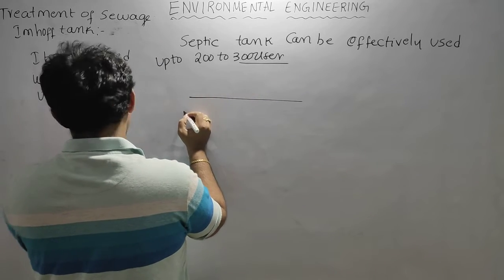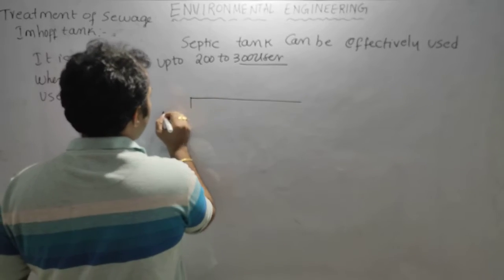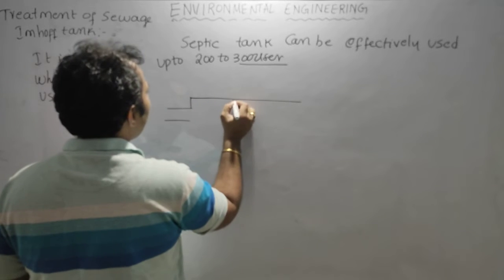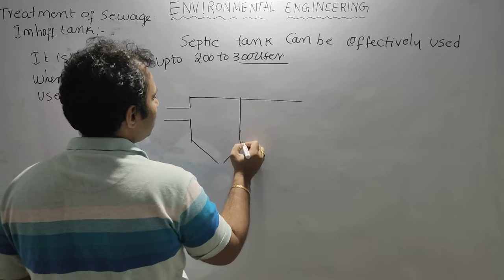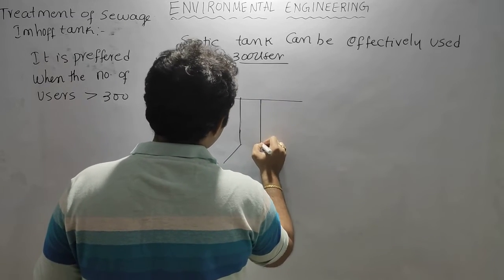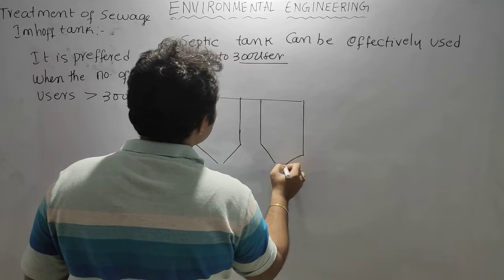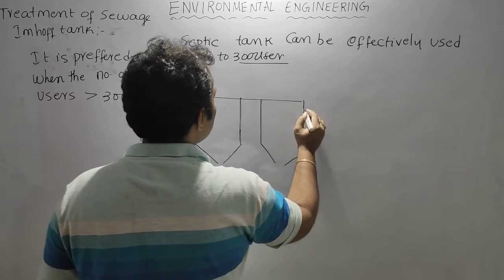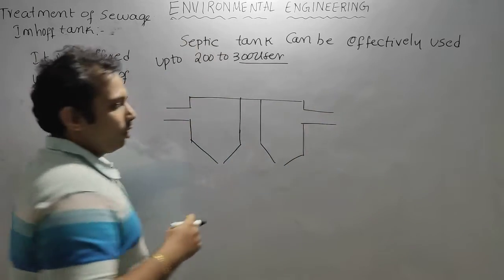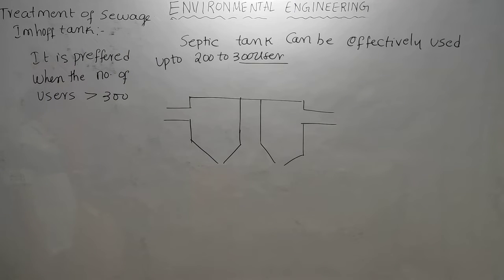If there is any inflow coming into the Imhof tank, it will directly go into a sedimentation tank. So this is a sedimentation tank, and there will be another sedimentation tank like this. The influent coming here will enter the sedimentation tank, and there the sedimentation will happen.